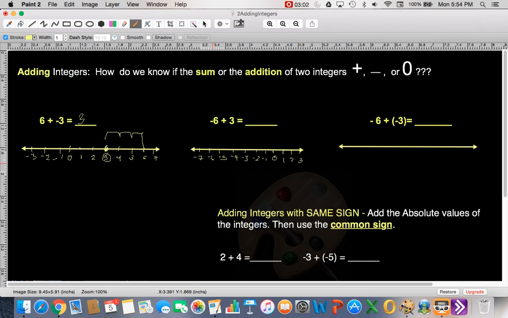So here, we're going to start with negative 6. You draw a line, and using your absolute value, you're adding 3.